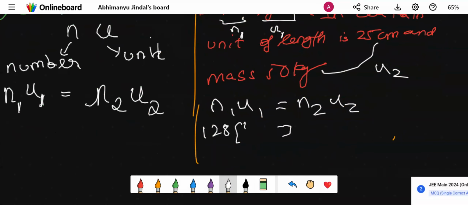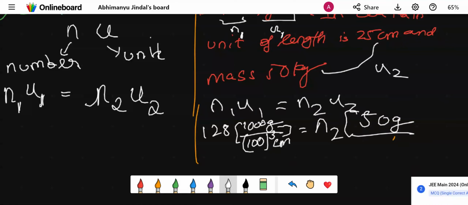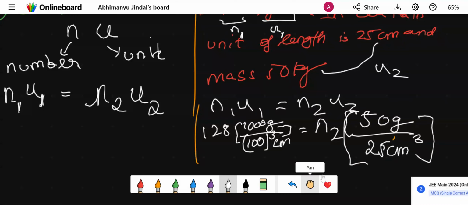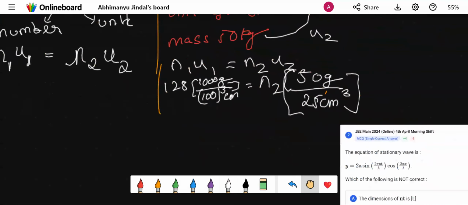So kg is 1000 grams, meter cube is 100 to the power 3 centimeter. This is n2, wherein it is 25 centimeter and 50 grams. So 50 gram by 25 centimeter, and the cube of this thing, right? So this is what we have right now, and let's find n2.